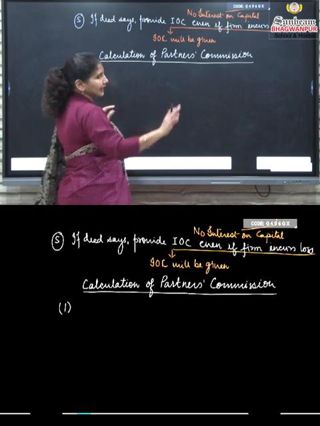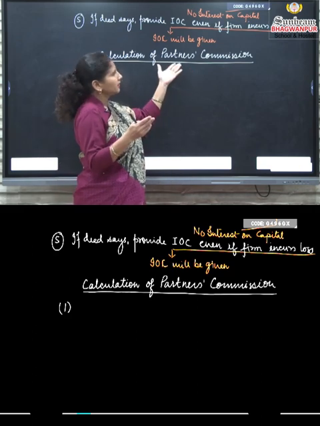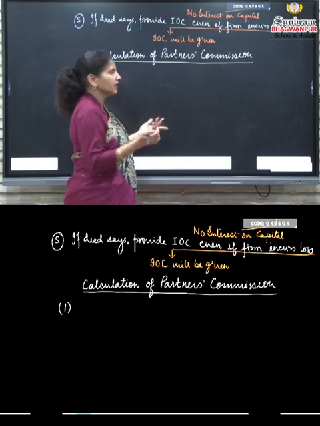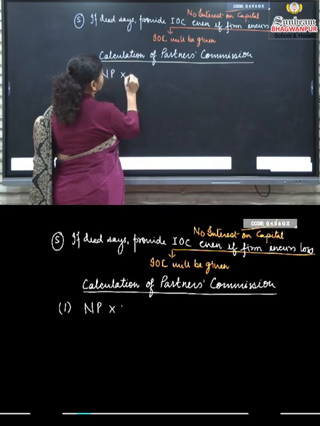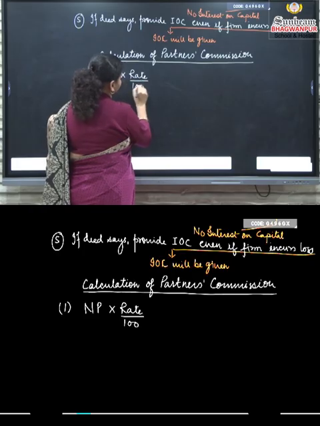Suppose it is directly written to charge B's commission on the net profit. Then simply net profit into rate upon 100.